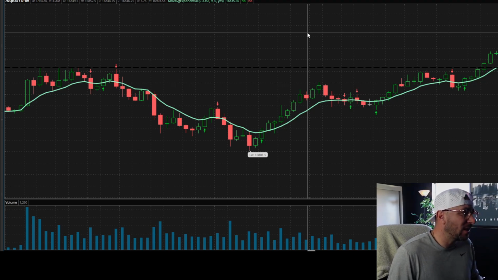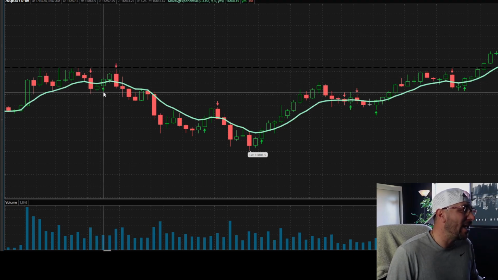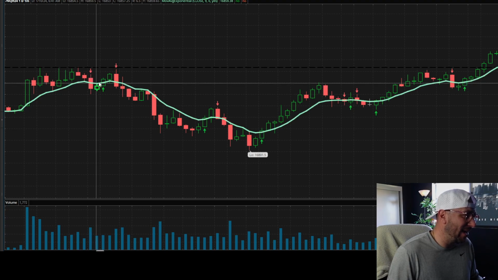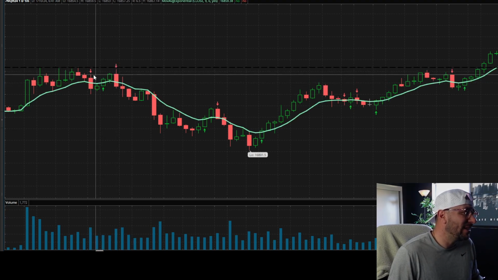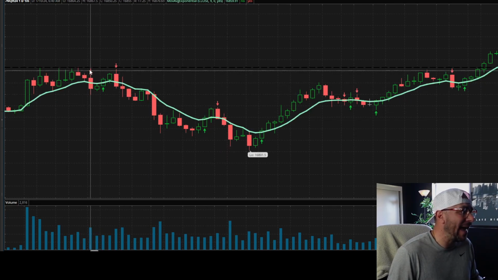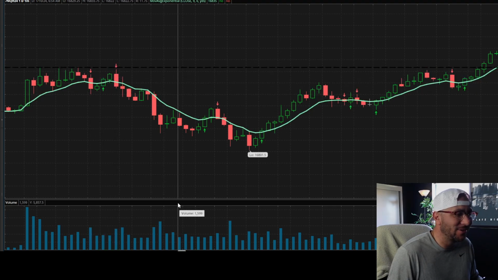For the purpose of this video, I went ahead and put red arrows and green arrows every time the price action closes below the 9 EMA and closes over the 9 EMA. This is not a special indicator. I went through by hand and put these arrows every time we close over and under the 9 EMA for your viewing pleasure.